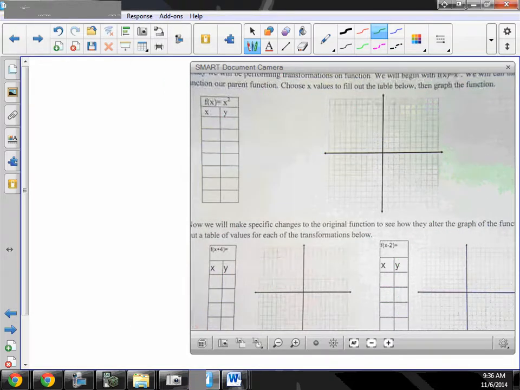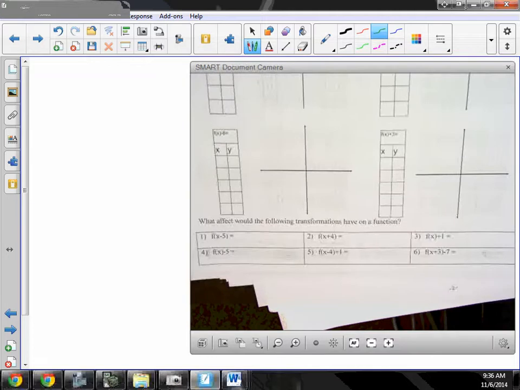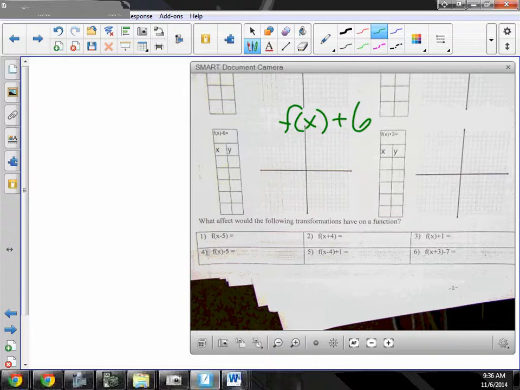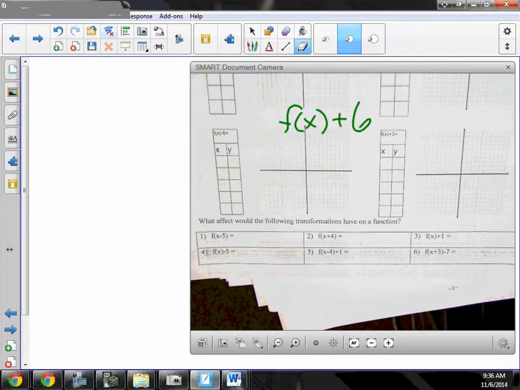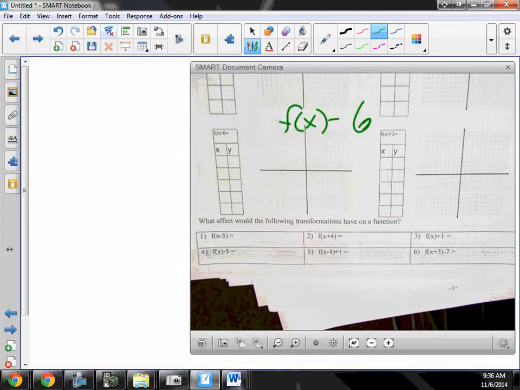So let's look at the next one. This one says f of x minus 6. What would that equation look like for a quadratic? It's going to be x squared minus 6.